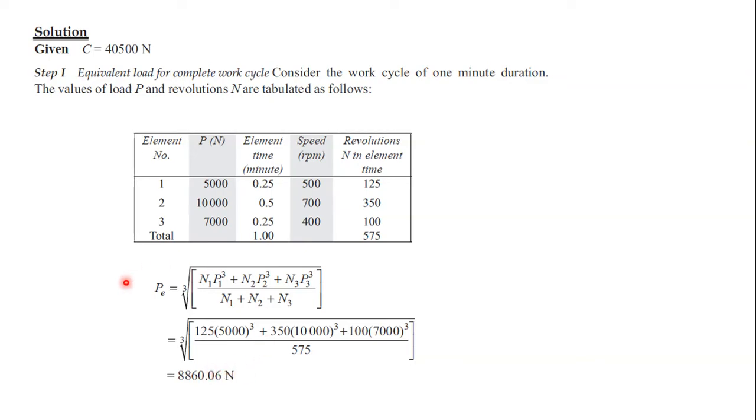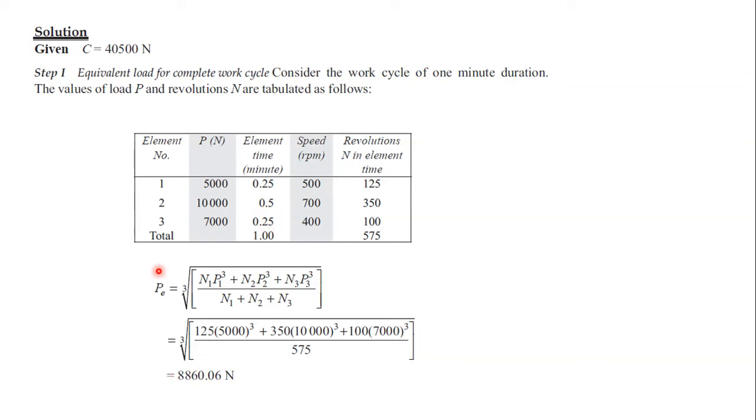This is the equivalent dynamic load acting during the work cycle. Or you can say we have generated an equivalent system that will give similar life under ideal condition as the life obtained in this condition. That is why it is called equivalent load. It is equivalent to the loads acting in this cycle.